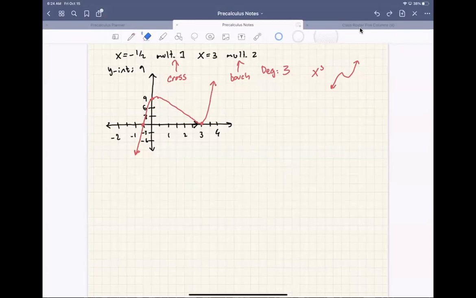So I just started turning it at 9, but the graph could go from here to here, or it could keep going higher and higher all the way up, and then start turning. For all intents and purposes, we're just going to guess where it is. You can use a calculator to help you, but we don't have a graphing calculator, so for now we're just going to sketch our graphs like that.